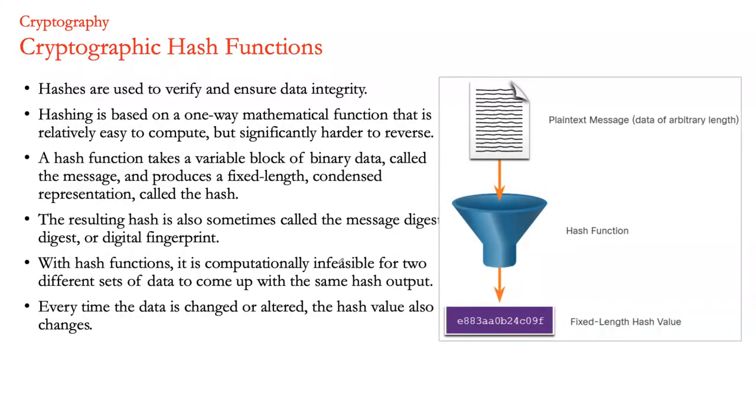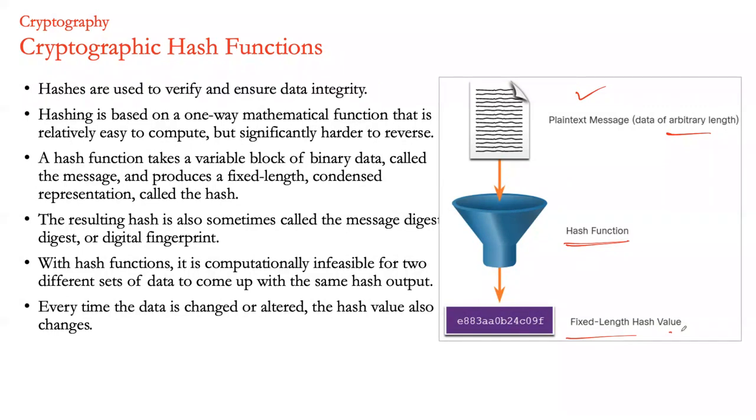So how are they achieved? One way is the cryptographic hash function, as we discussed in the previous lecture. An arbitrary length plain text is given as input to the hash function, which generates a fixed length hash value.